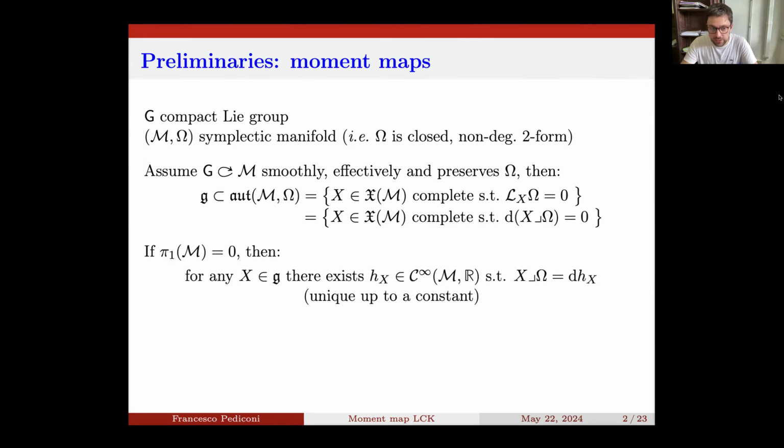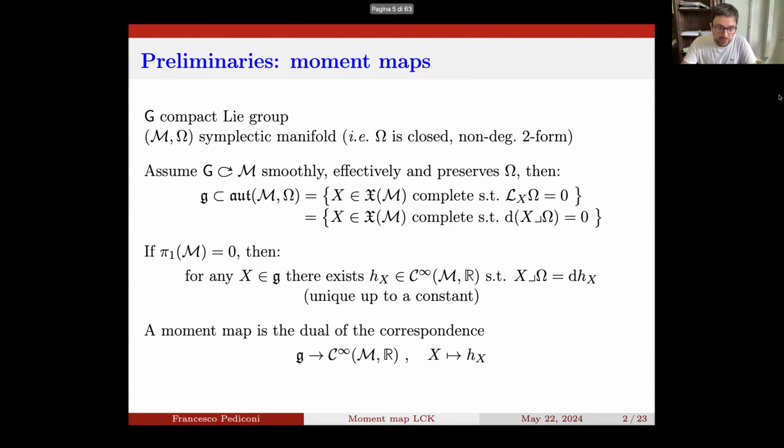Well, if you also assume that your manifold, for simplicity, is simply connected, a closed form becomes exact. And so for any vector X inside the Lie algebra of G, you can actually find a potential, a smooth function H_X, such that the one-form obtained by contracting X with omega is given by the differential of H_X. And this function, of course, is going to be unique up to a constant, okay?